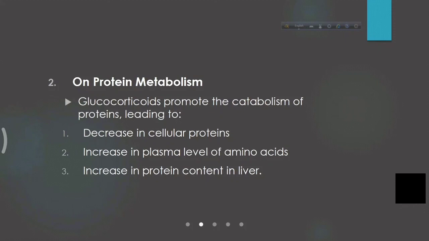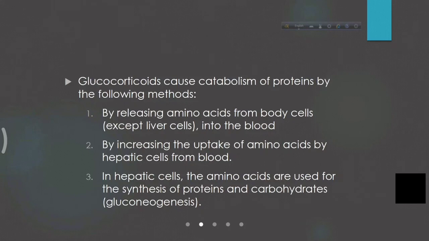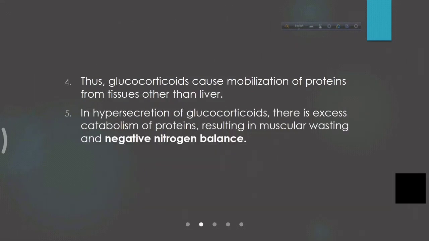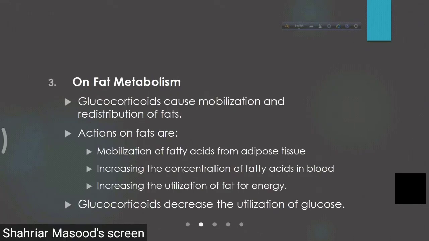These amino acids are utilized by the hepatocytes to increase protein synthesis, especially plasma proteins, which are helpful for countering stress, and also gluconeogenesis. Because of breakdown of peripheral proteins, there is muscle loss with excessive cortisol.